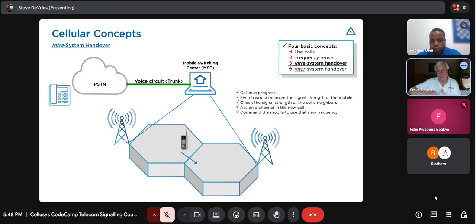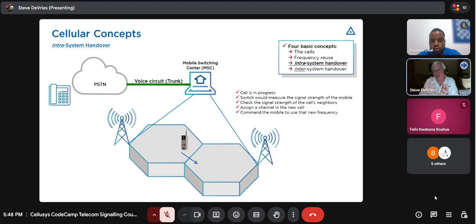When we look at handing over, it's different today because today your mobile phones are much more involved in taking measurements. They're constantly aware of the signal strength that they're listening to.